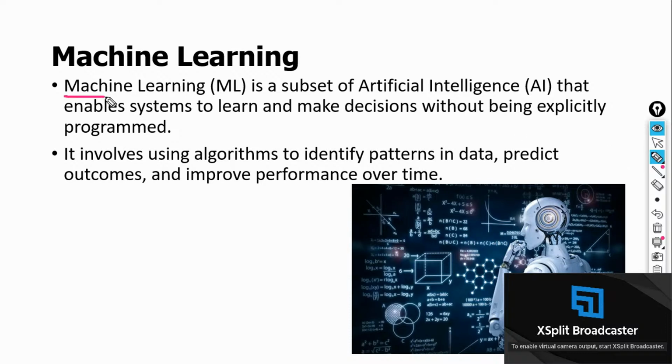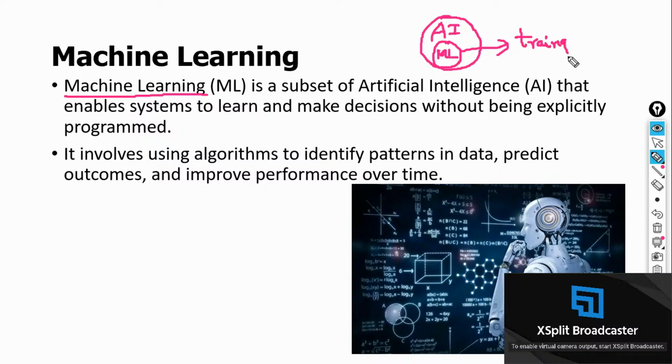Don't assume this is a completely different topic, friends. If this is AI, machine learning is a subset of AI. What is exactly happening with respect to machine learning is that we are training some systems using machine learning algorithms.